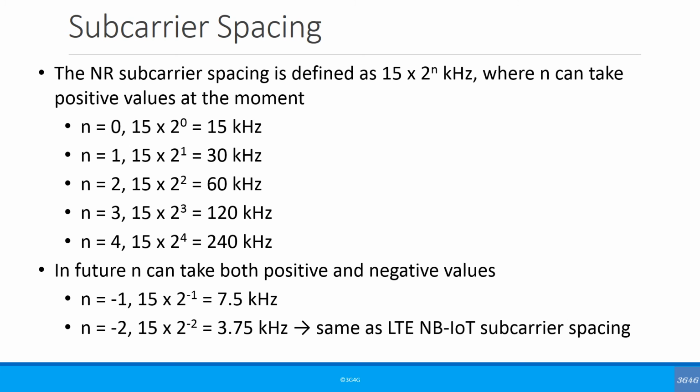So we will have to wait till probably, I'm not sure if it will come as a part of 5G phase 1 part 2, which will be in June 2018, or it will come as a part of release 16 which will be around December 2019. So we'll have to wait and see whether n can take negative values and what other positive values it can take.